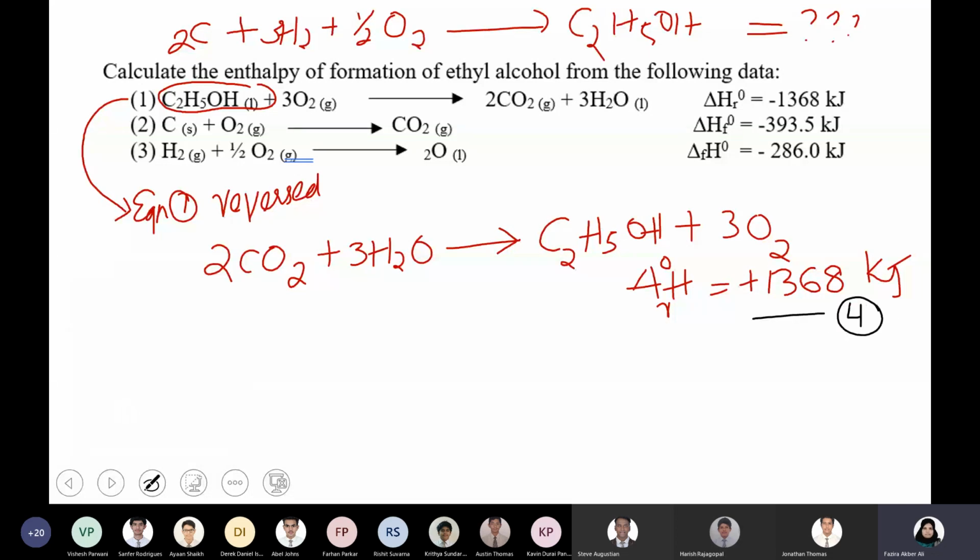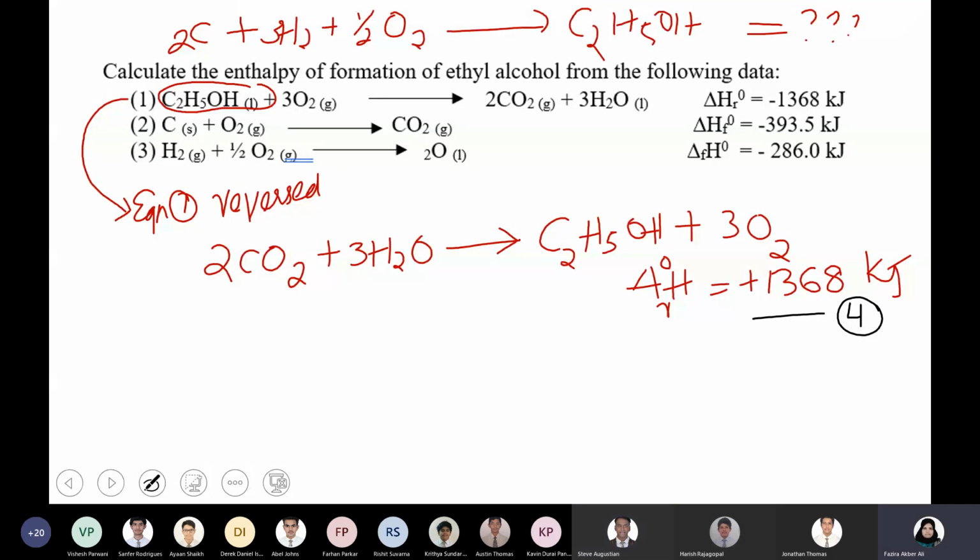And what is the next step? After reversing equation 1, you got equation 4. Then what do you have to do? Equations 2 and 3 you have to add accordingly, because for example, for carbon dioxide we need 2 moles, so multiply the heat change by 2 for that.